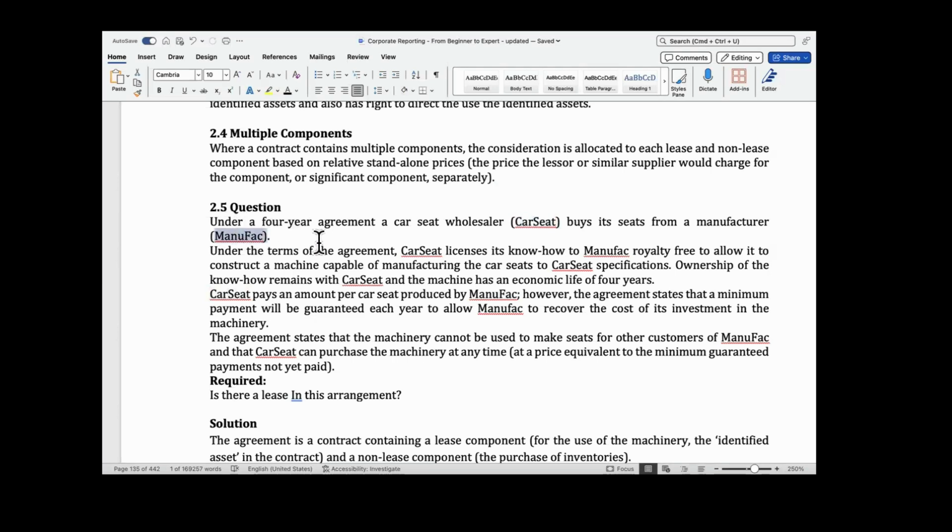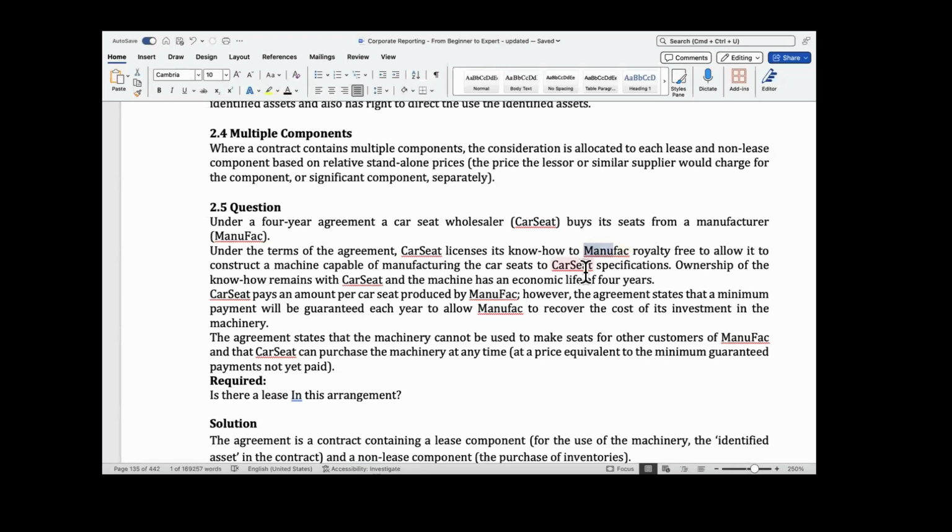And under the terms of the agreement, car seat licenses know-how. Car seat, who is the buyer, now licenses know-how to manufacture royalty-free to allow you to construct a machine capable of manufacturing the car seat to car seat specification.